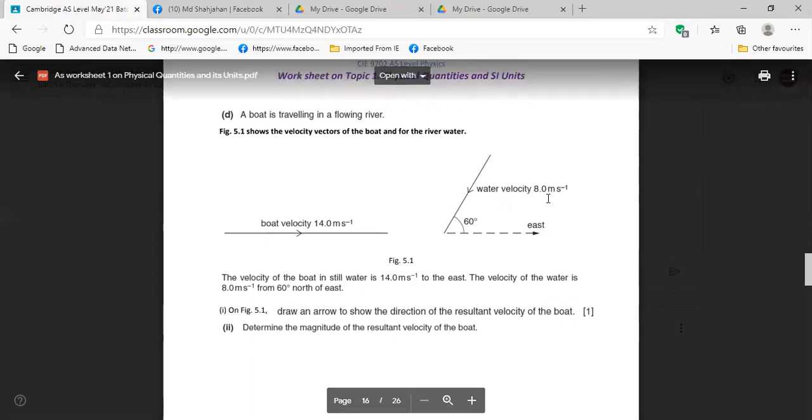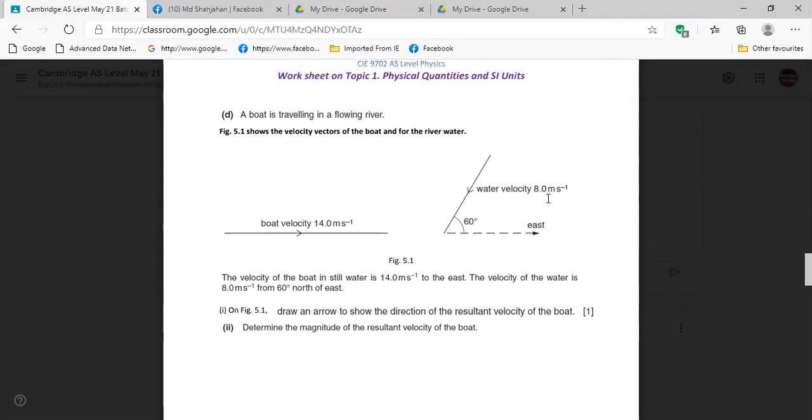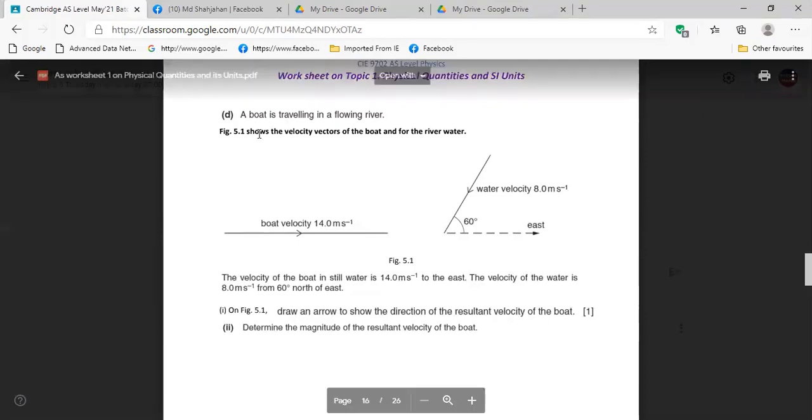So we can make one scale: 1 centimeter of the ruler equals 2 meters per second.